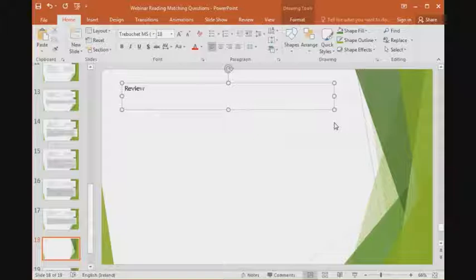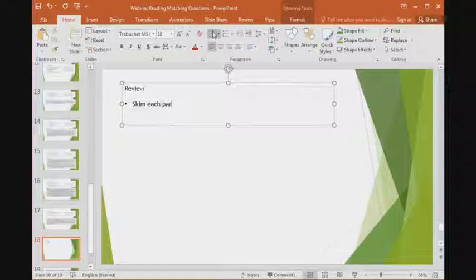Okay, so when you're practicing for headings match questions, so this is when you're practicing in your own time, not in the exam. Remember you won't have time to do this in the exam, but this is to help you develop your skills for the reading. So one thing you could do is skim each paragraph and write a heading for each.